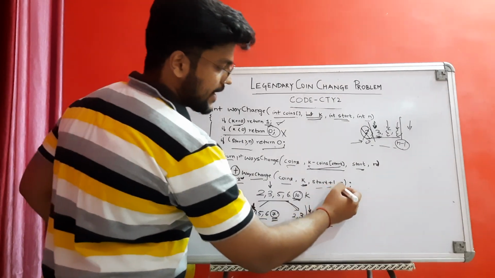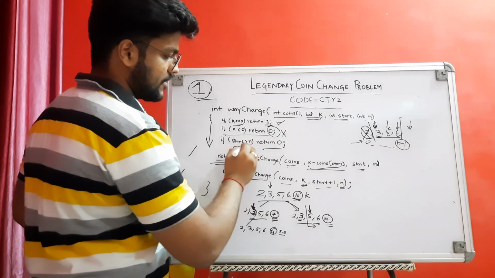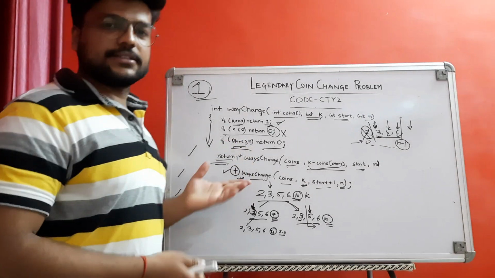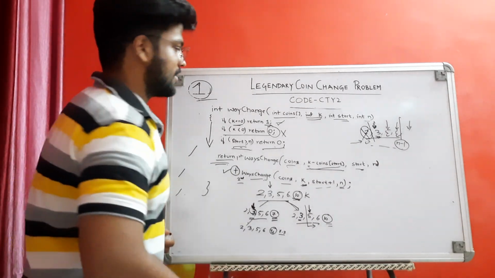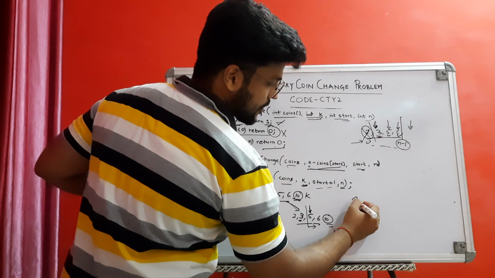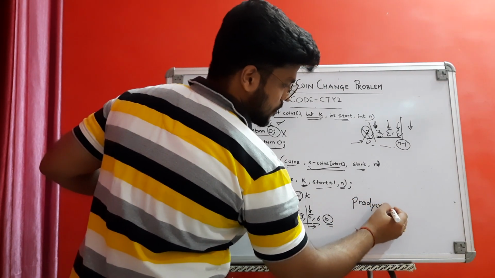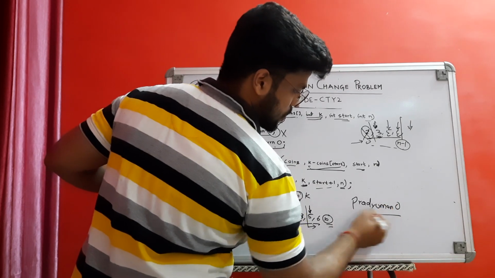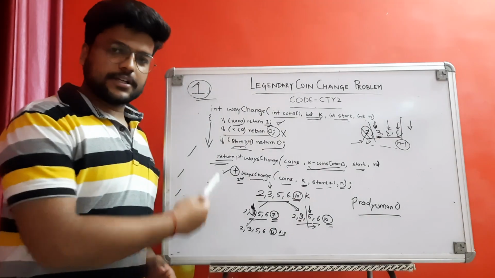So start plus 1, and n is the total number of denominations. Okay, so this is my recursive approach code. You can watch this code on my profile link, that is Pradyuman 0 on CodeChef.